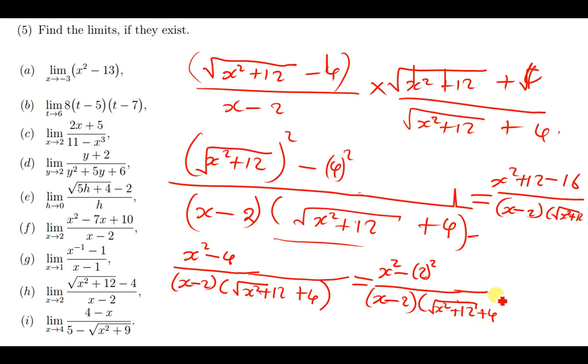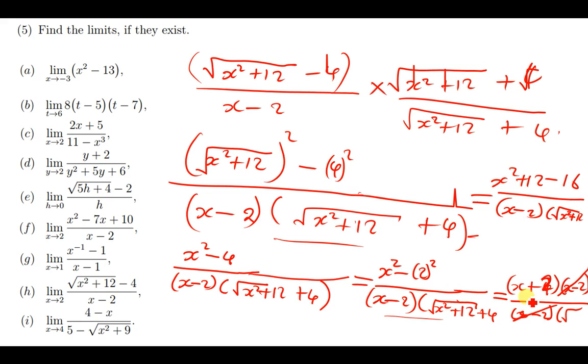Then this on top can be written as x plus 2, and then x minus 2 as well. Then everything divided by this whole expression here. You can write it down here. We have x minus 2, then the square root of everything there. So you can see that this x minus 2 will cancel with this x minus 2 there.